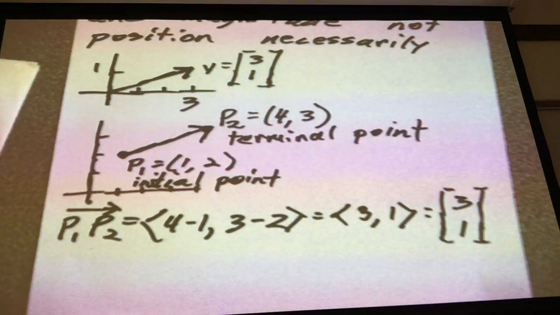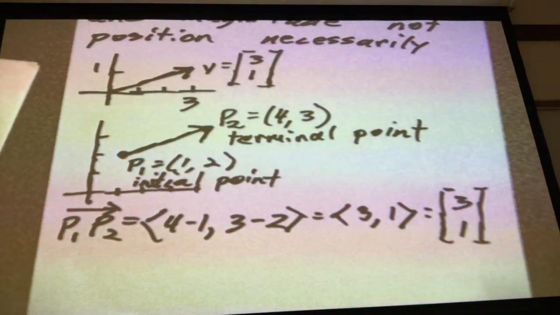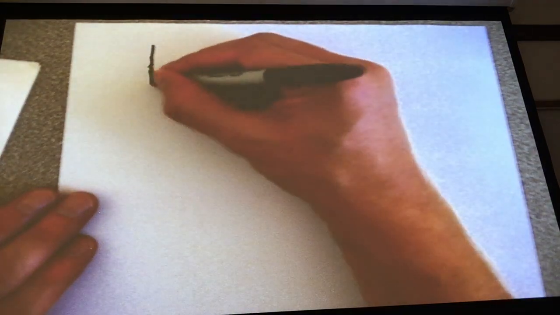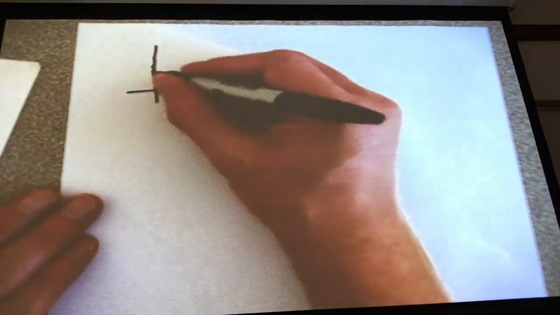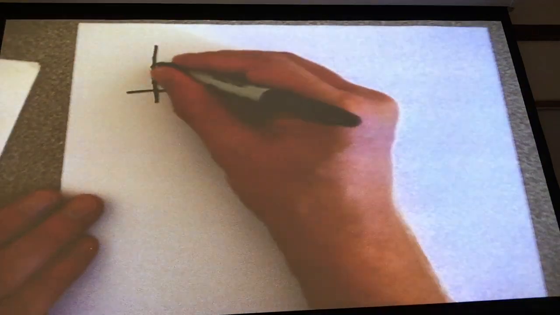Okay, so now let's talk about adding vectors. So let's say 1 and 2.